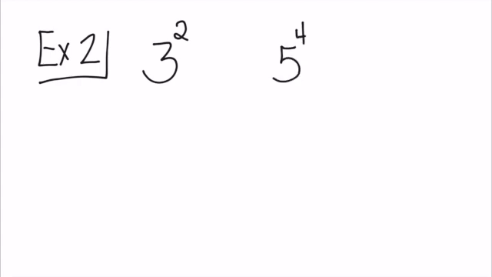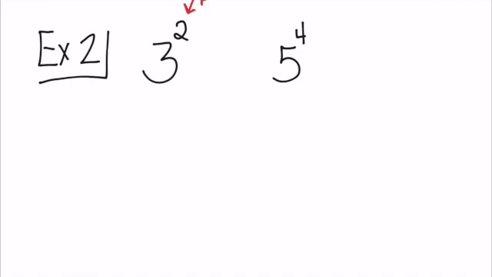Example number 2. And before we get into example number 2, I want to review exponents. So let's look at the exponent, 3 to the second power. And let's also look at the exponent, 5 to the fourth power. And when you have an exponent, what we had to do is take the big number and write it as many times as the little number says.